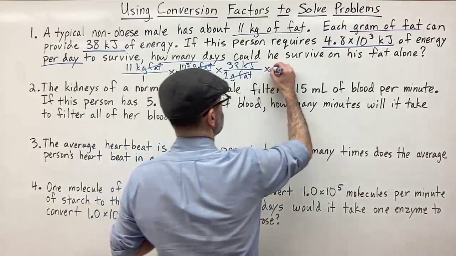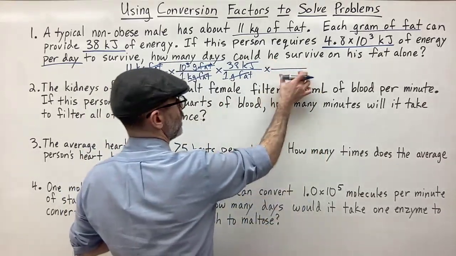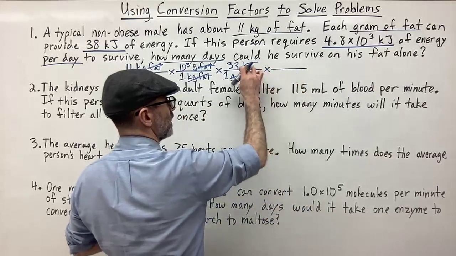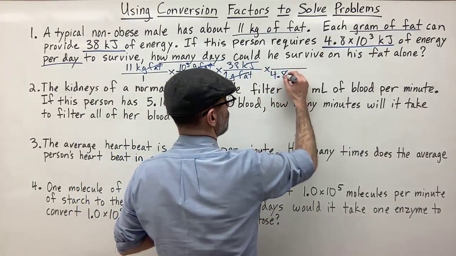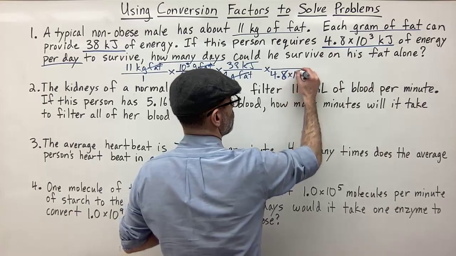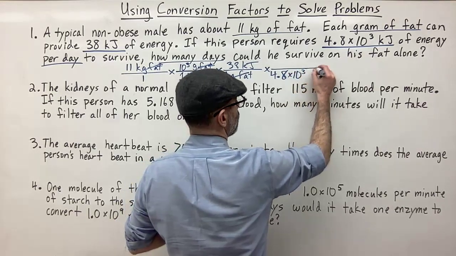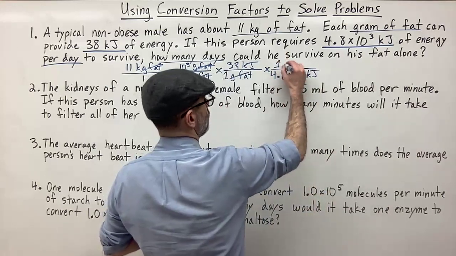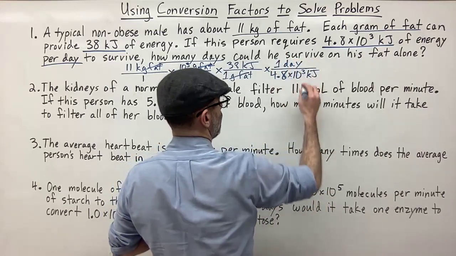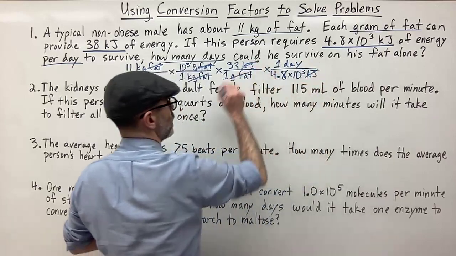So now I'm going to put kilojoules on the bottom to cancel out. So this is 4.8 times 10 to the third kilojoules, and then 1 day on top. So kilojoules cancels out.